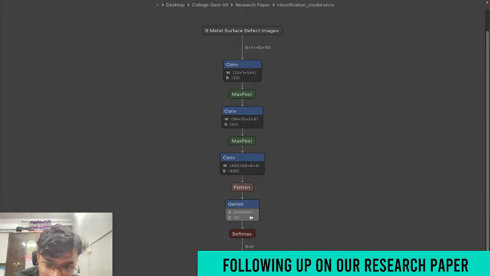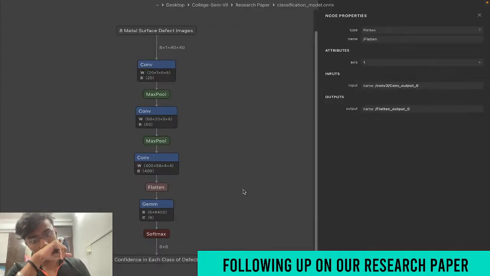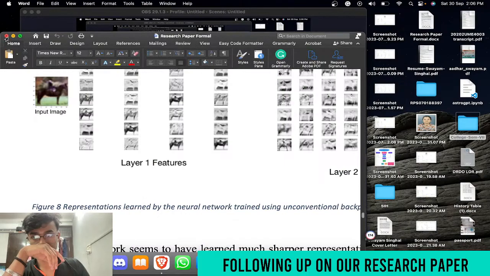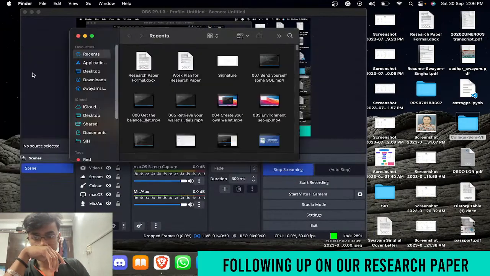Wait a minute, this looks weird. Oh, okay. That's just the dense layer. But okay, 8.6, right? We flatten it. We know the dimensions. No, we can't. I think it must be right.